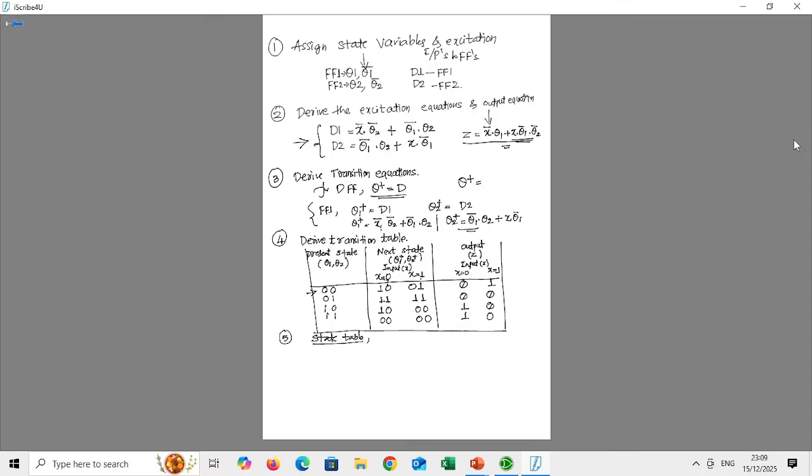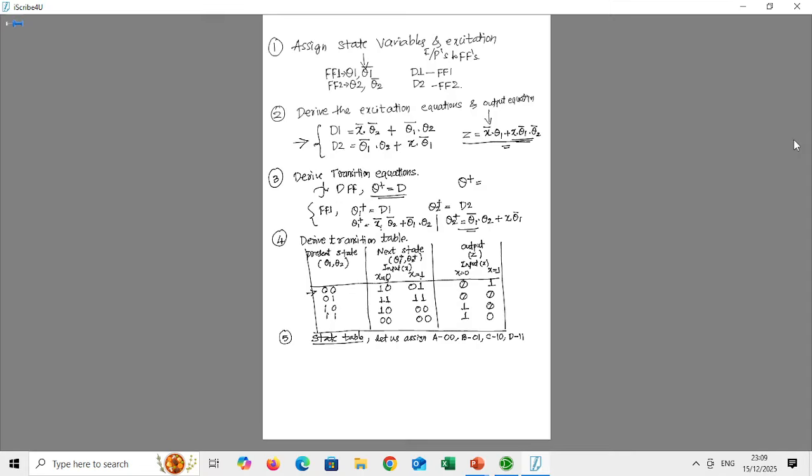So let us assign A to 00, B to 01, C to 10, D to 11. Now substitute these codes in the earlier transition table and complete the table.